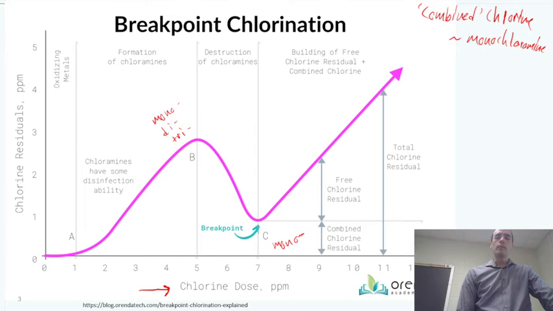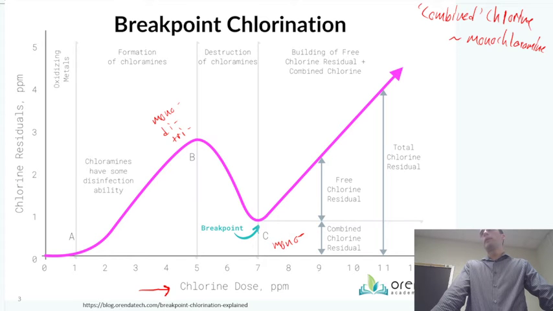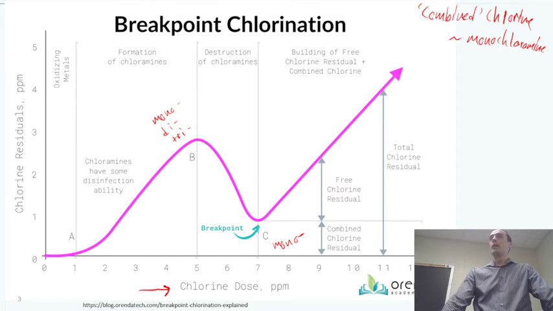And monochloramine is not super smelly, but it's a little bit smelly. The dichloramine and trichloramines are the particularly irritating and smelly ones, and if you feel like a pool has been overchlorinated, you're actually sensing the chloramines. It's mostly the di and trichloramines.